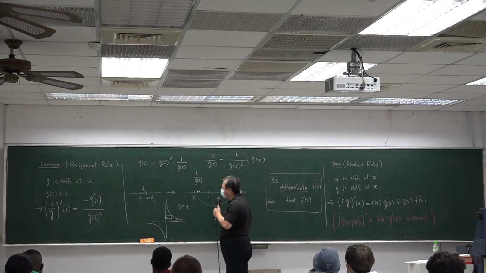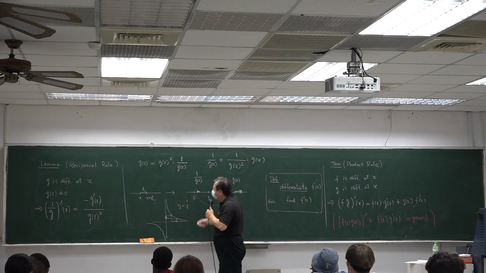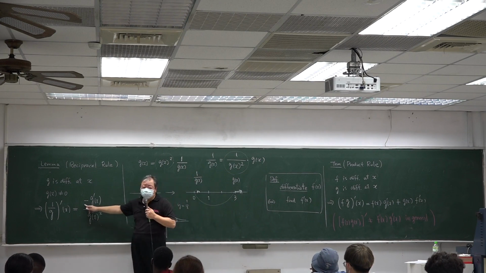This is a constant. And the rate of change is g prime to the right, but the reciprocal will go to the left. No wonder we have a minus sign here.